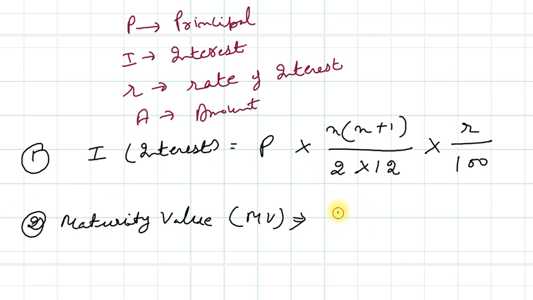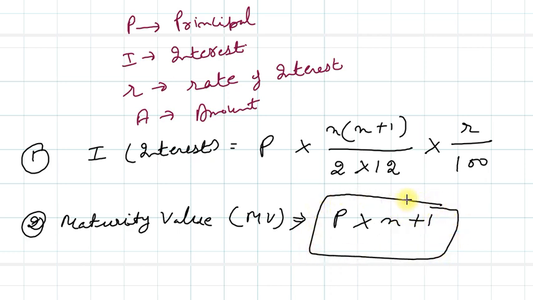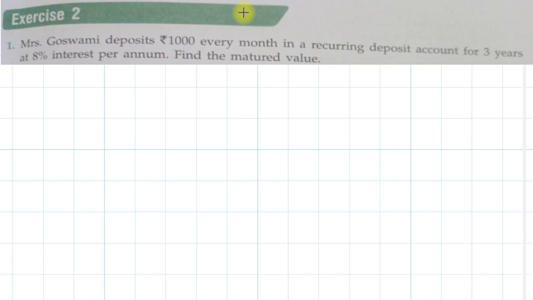For MV, principal into n plus 1. So this is the maturity value, right? Let us move on to our exercise. So exercise is 2. Question number is first.